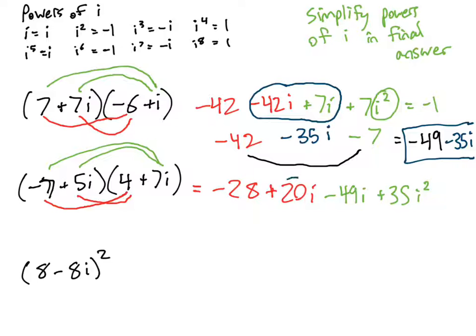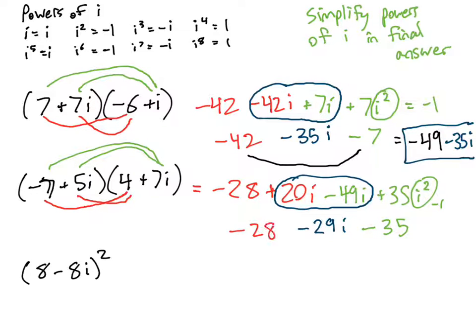Now we have some like terms of i that we can combine together. Positive 20i and negative 49i gives us negative 29i. And i squared should always be simplified to negative 1. So 35i squared is the same as 35 times negative 1, which is negative 35.